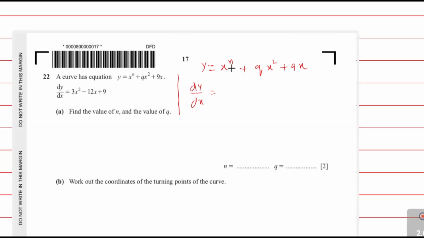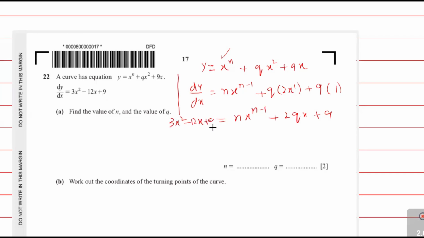We get dy over dx, and the derivative of x power n becomes n into x power n minus 1, and for qx square the derivative becomes q into 2x power 1, and plus 9, the derivative of 9x being 9. Therefore, we can write n into x power n minus 1 plus 2qx plus 9. And look here, dy over dx equals 3x square minus 12x plus 9.